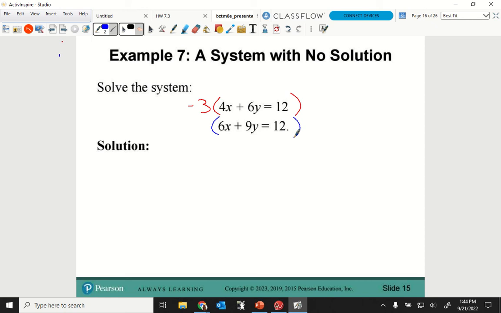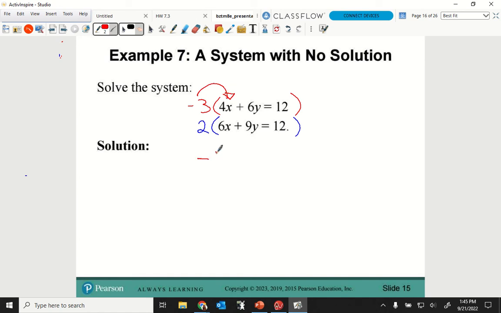Go ahead. This one's going to be 2 right here, right? Because this is going to be 18 here, so I want my y values to be 18. So I'm going to do my distribution, and then we're going to look at it. So -3 times 4x is -12x, very good.